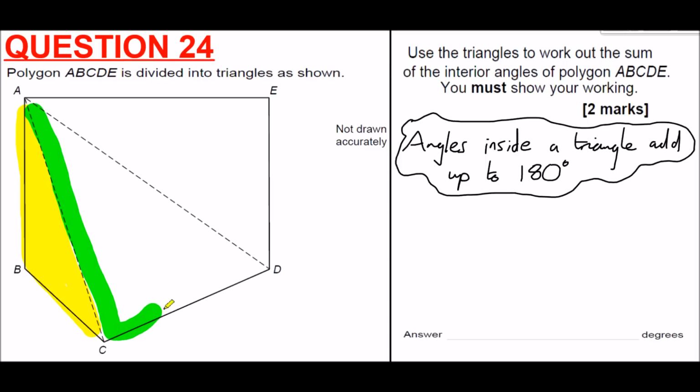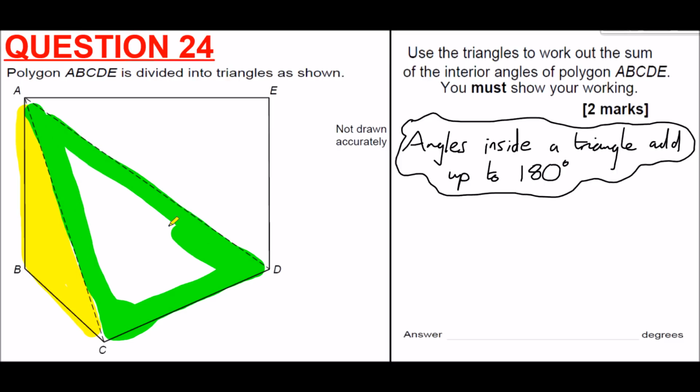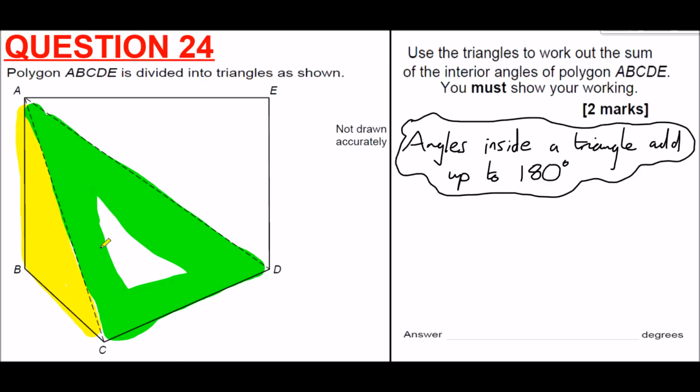So we've got a yellow triangle, a green one, and also we'll have one in the corner. The last triangle, I think I'll use a blue colour for, why not? Main thing I'm getting at is we can imagine the shape as being three triangles glued together.